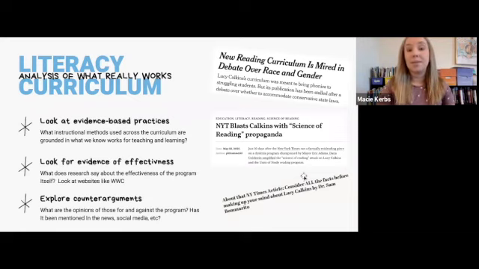So we want to make sure we're exploring counter arguments, not just reading those in favor, but also reading those against. Or if we have really set opinions about a particular curriculum, we're looking at the counter argument for that opinion to form a more neutral stance.